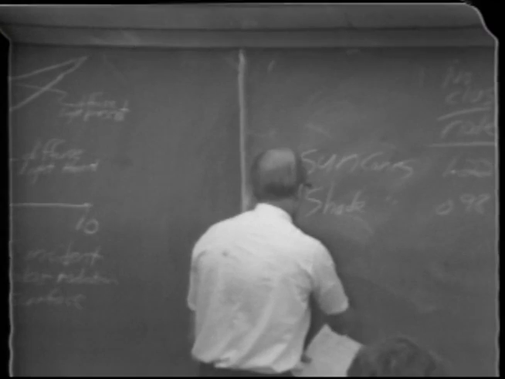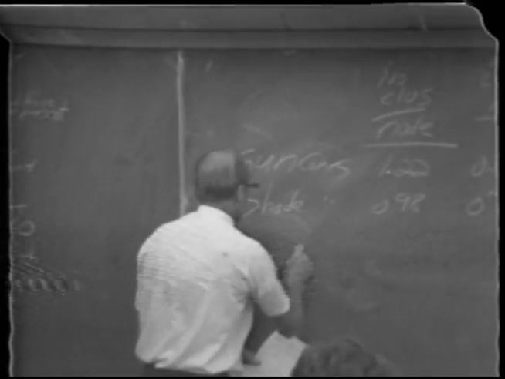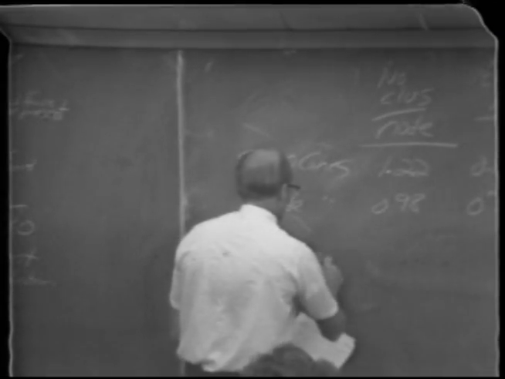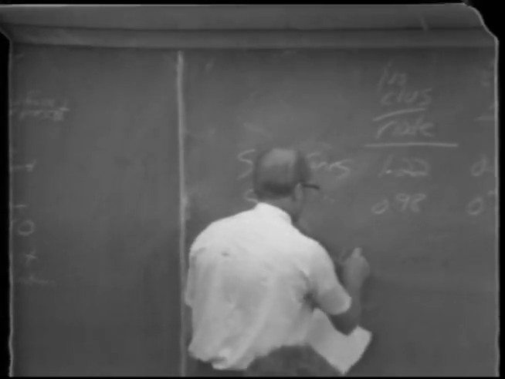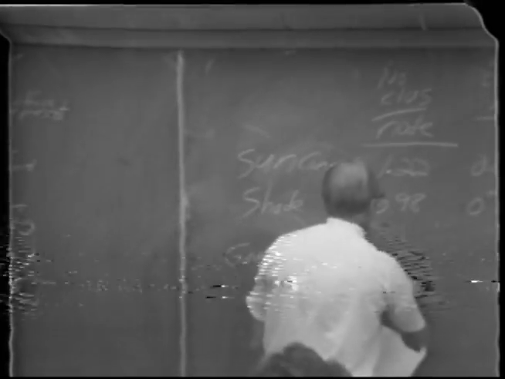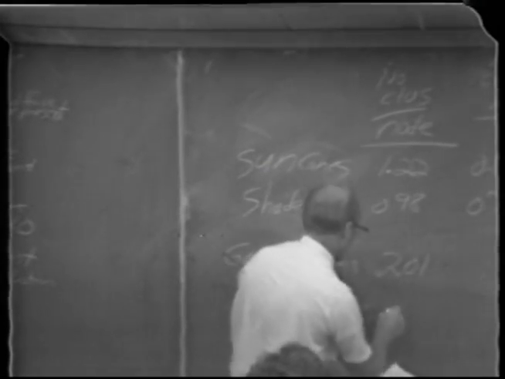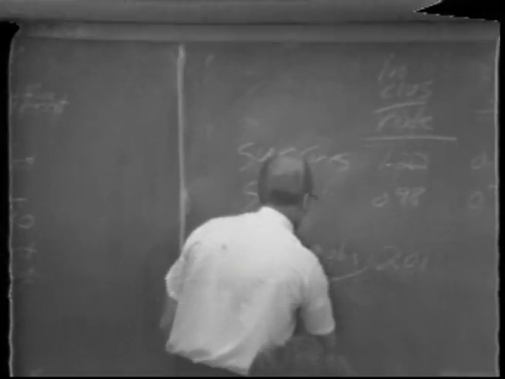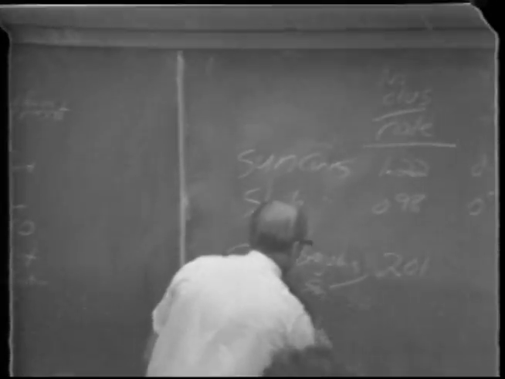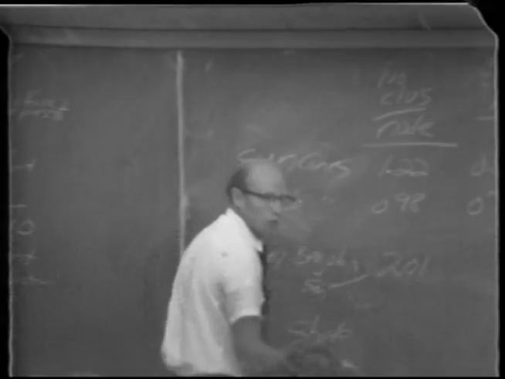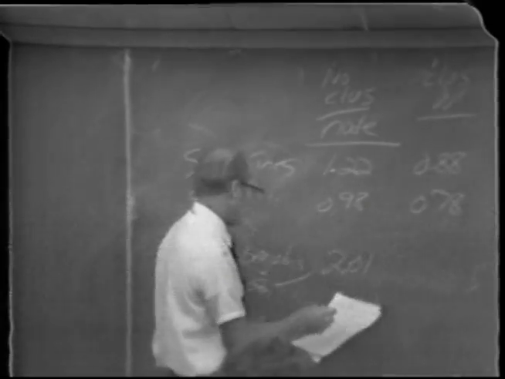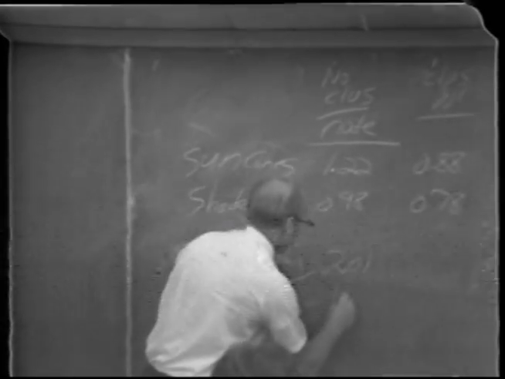This is Gamay Beaujolais, and it found almost the same results. 2.01 clusters per bud for the sun canes. This is sun. This will be shade. I don't know if we're going to be able to see. Can you see that down there or not? Can't? Well, anyway, we had 2.01 clusters per node for the sun, 1.32 for the shade.